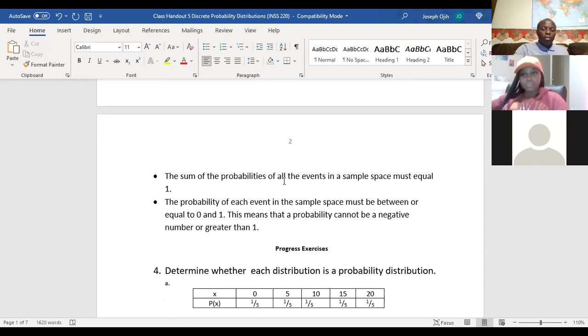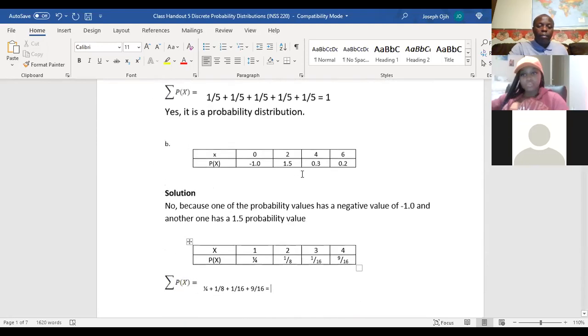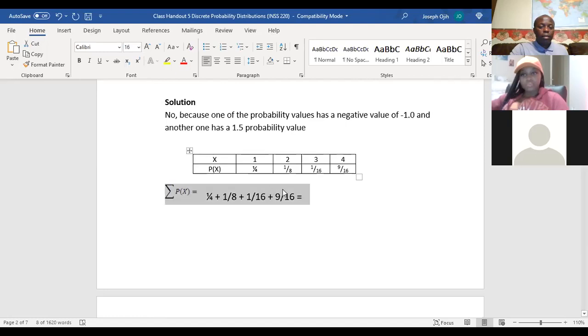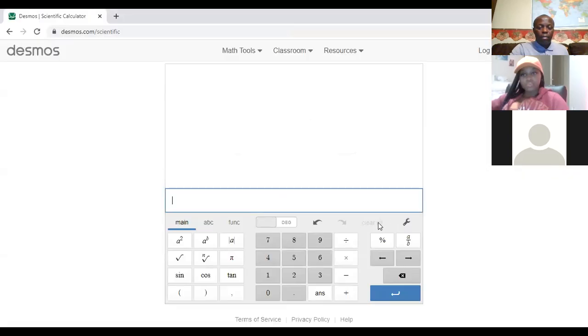So now let's add them. Make it a little bit bigger so you can see that properly. So we have this, and then adding it, let me clear this.